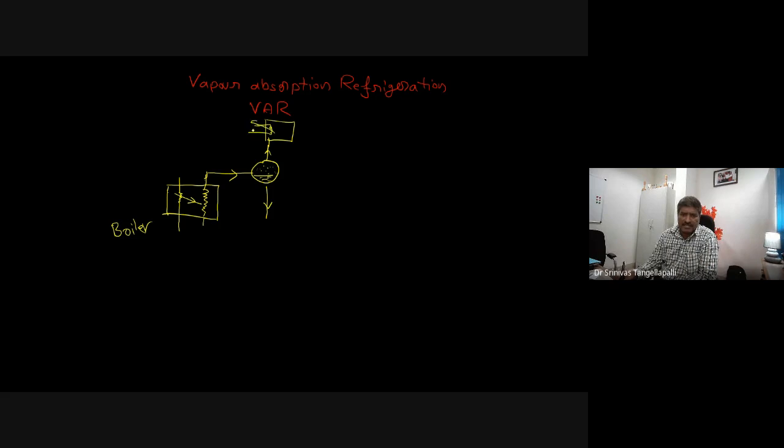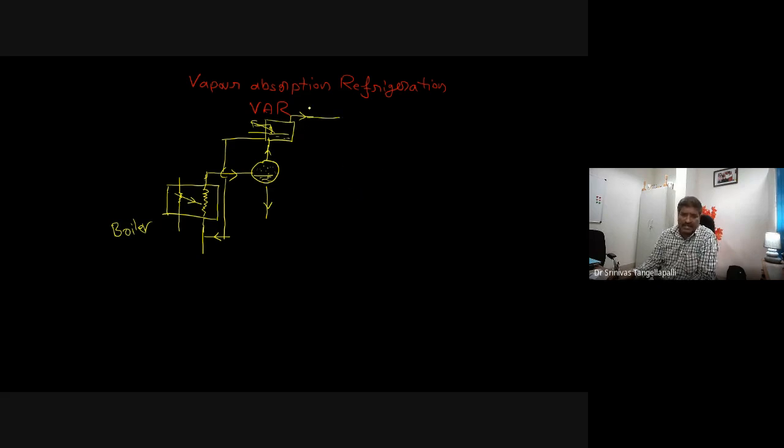The heat is rejected to the surroundings or maybe internally. Here some condensate you can see, and that condensate again goes back to the boiler. This pure vapor, I can say enriched vapor, enters the system.